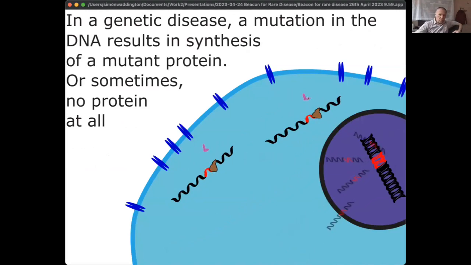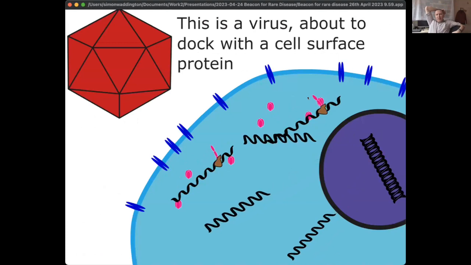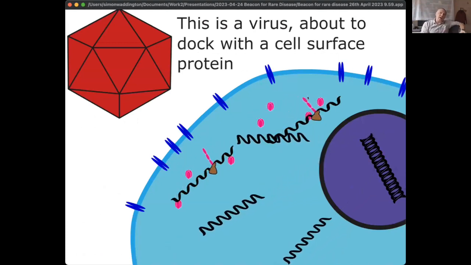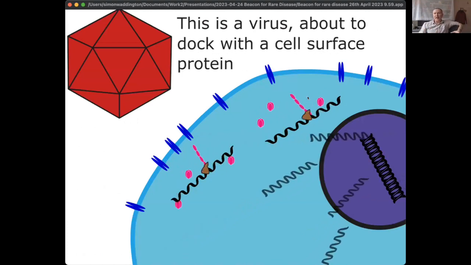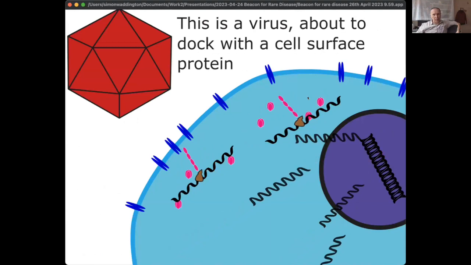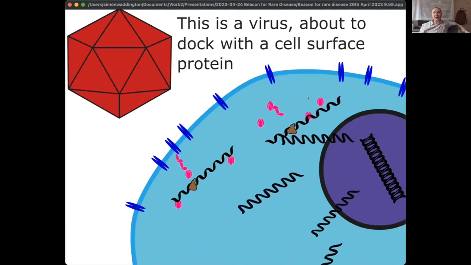I'm now just going to switch tack and talk about viruses. This is a virus that's just about to infect our cell. The way that viruses infect our cells is that they attach themselves to one of various different proteins on the surface of the cell. They've evolved over hundreds of millions of years.